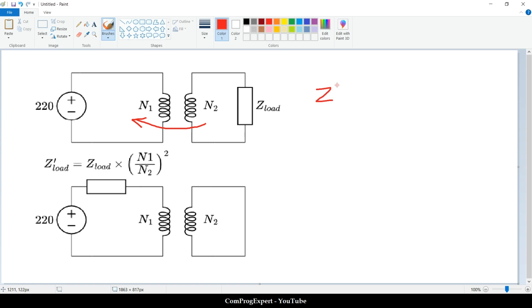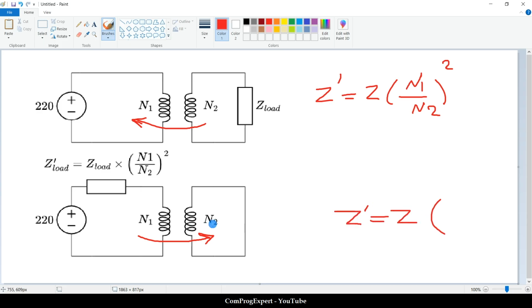So Z prime is Z times N1 divided by N2 to the power 2, right? You first should look at this number of turns that you are going to transfer.